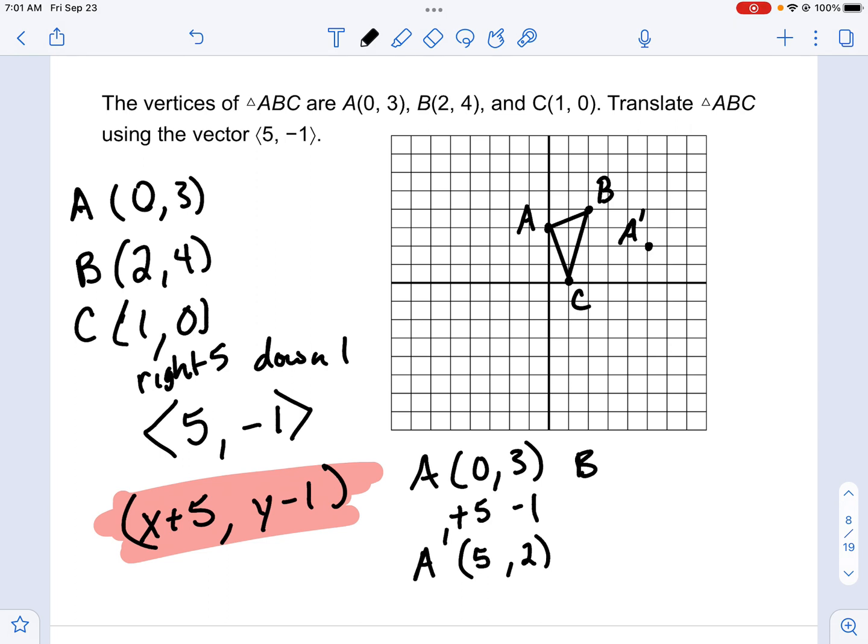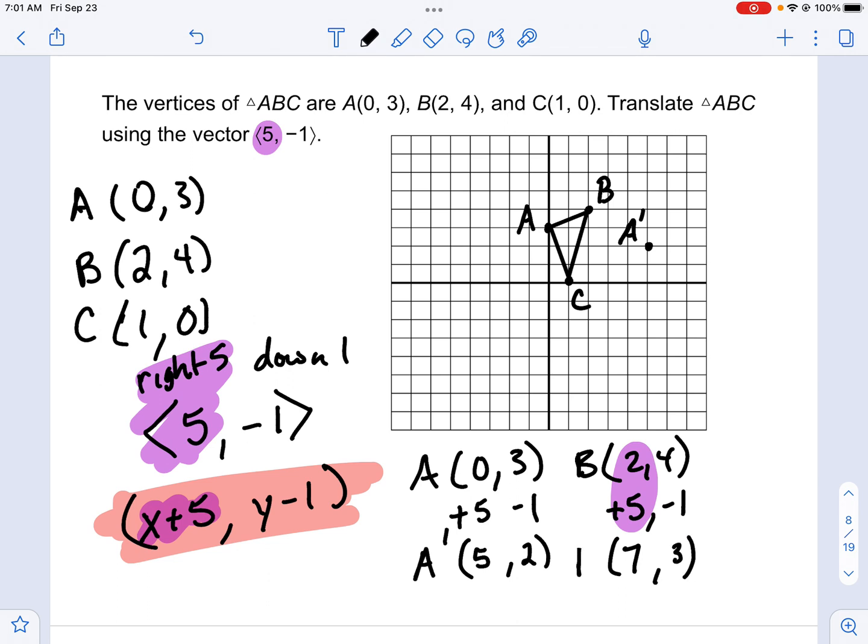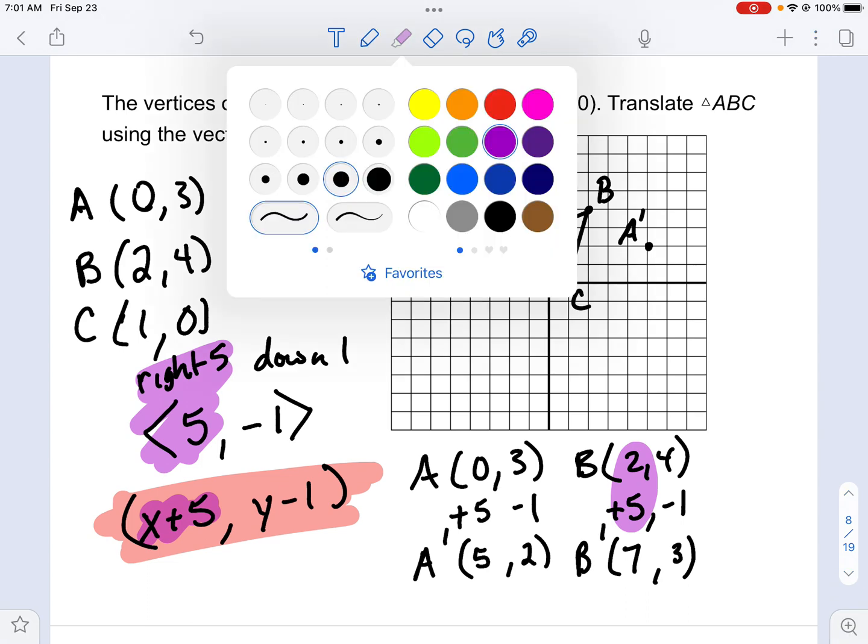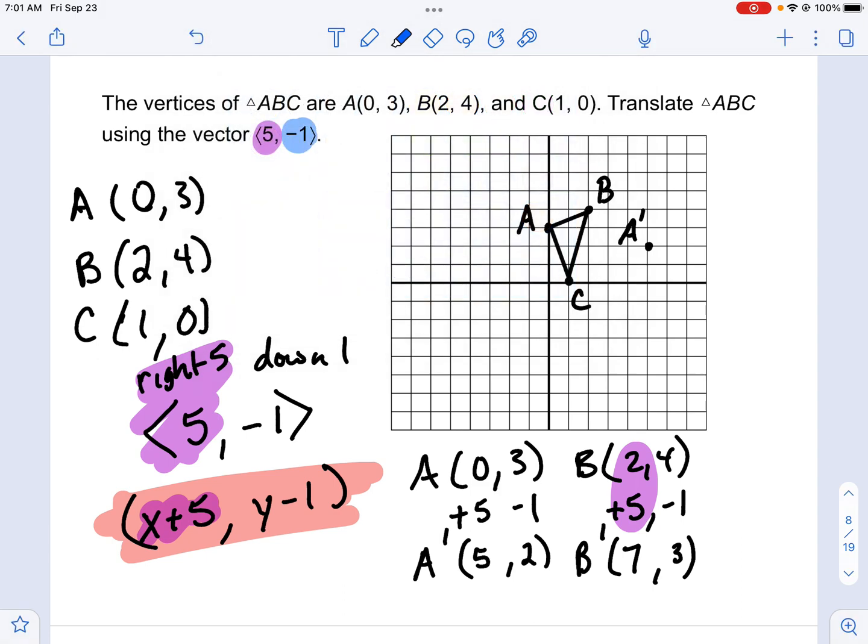We do the same thing for B, which is at 2, 4. We're adding 5 to the x. If you're not sure where I got that from, right here. Two plus 5 is 7, and we're also subtracting 1 from the y. How many times has B moved? Once. So it's B prime, or some call it B single prime.